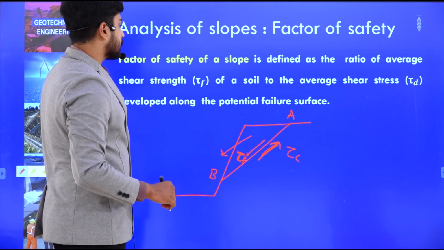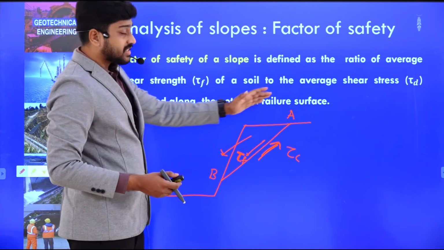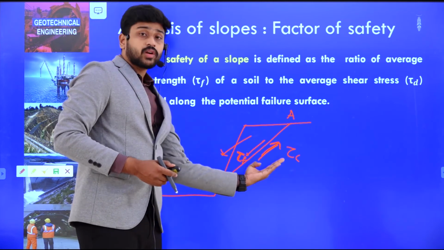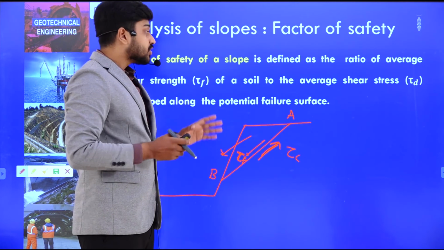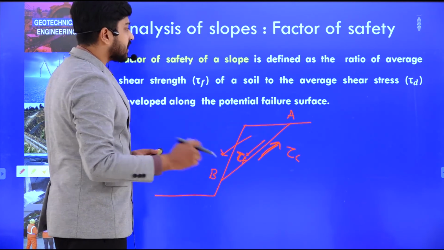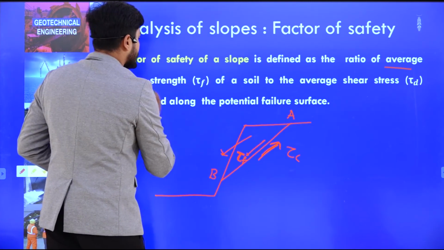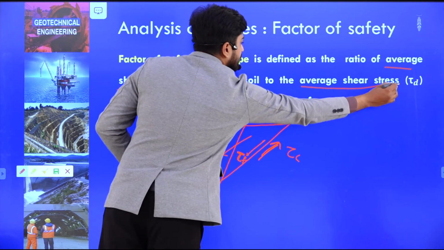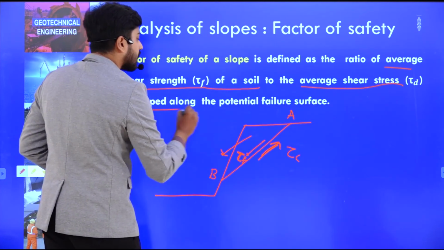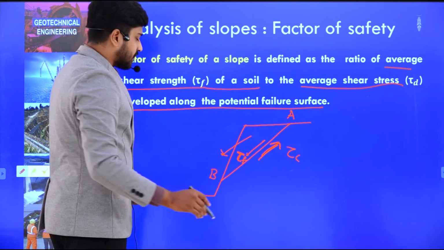As I've stated, it is sliding in this manner and the bottom soil is resisting in the opposite direction. So in our particular case, it is the ratio of average shear strength of the soil, tau f, to the average shear stress tau d developed along the potential failure plane.